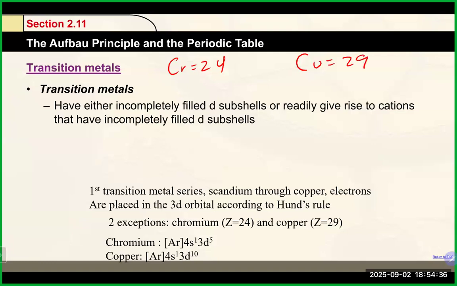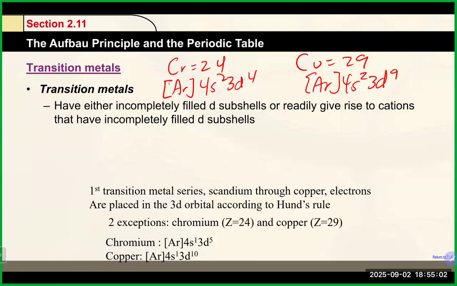And if you followed the zigzag thing that we had going on there, you would end up with an electron configuration basically of argon 4s2 3d4 and argon 4s2 3d9. Once again, argon representing the first 18 electrons, 1s2, 2s2, and so forth.